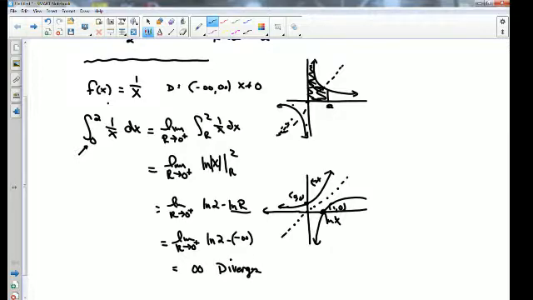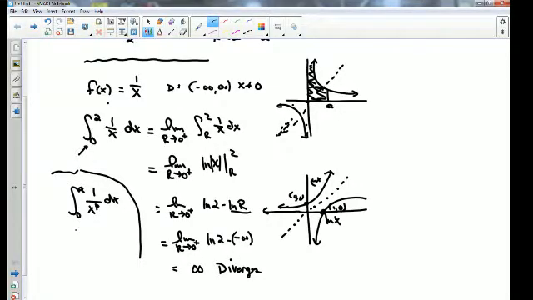Okay, so that diverges, right? And what you'll notice, if you continue to calculate these out, if I have this integral with p, there's an infinite discontinuity at 0, right?